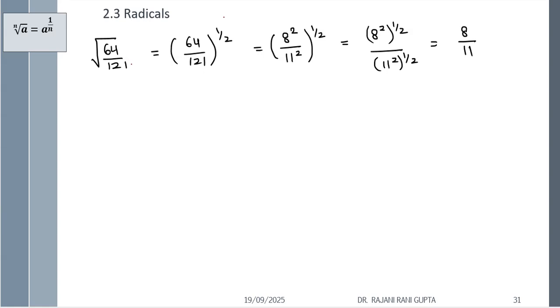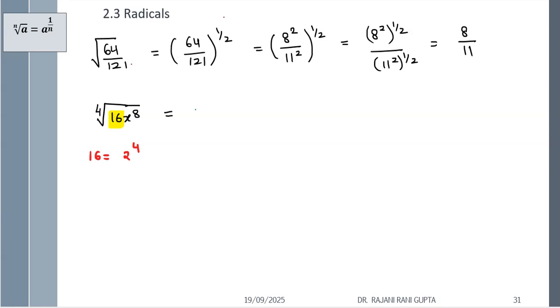Whereas if you look at, say, the fourth root of 16 x power 8. How can you write 16? Think of 16. 16 is which number power 4? 2 power 4, correct.